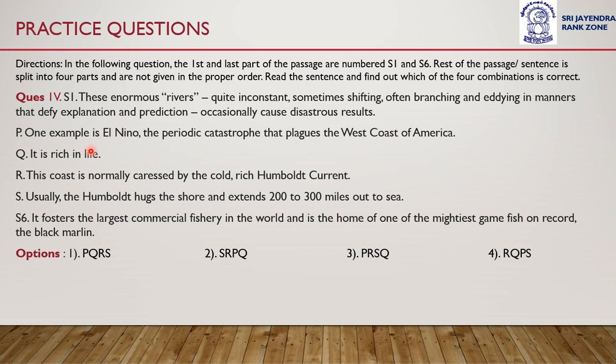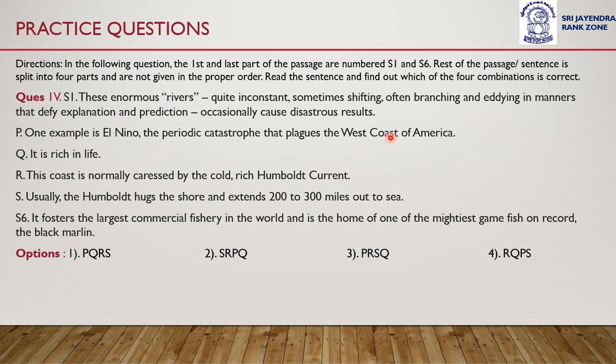Try to recognize which sentence will follow the sentence already given. In the fixed sentence, they are talking about rivers and their inconsistent nature, their shifting, often branching. So they are talking about disastrous results, and they are giving an example of El Nino, the periodic catastrophe that plagues the west coast of Africa.